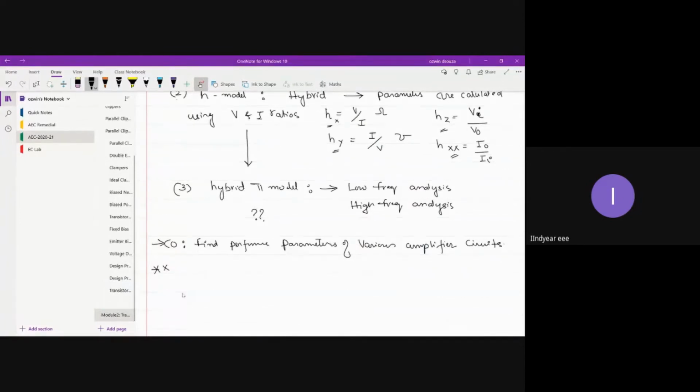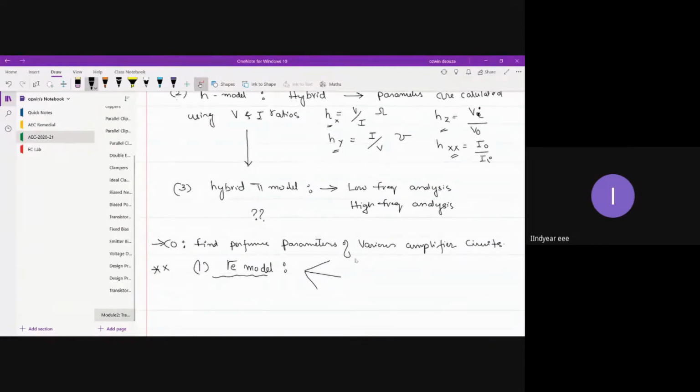Fine. So first let us go for the very first model, that is the re model. The re model can be developed for 3 different configurations.